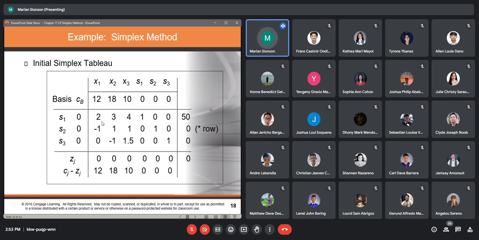If this is 1 and this is 3, I will multiply this by 3, so that when I subtract from the original 3, this will now become 0. In other words, I will multiply the whole row by 3 and subtract from this row here.